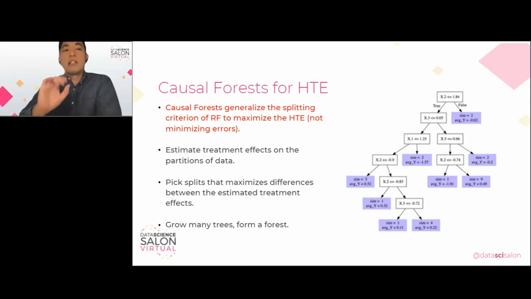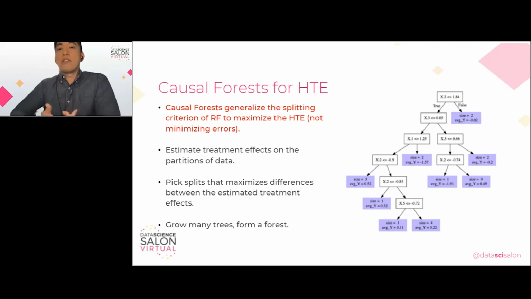Basically, what their causal trees and causal forests do is generalize the splitting rules of the traditional random forest, right? The traditional random forest is trying to minimize prediction errors, but now they don't want to do that because it doesn't really give us any causal estimation, right? So instead, their version of the random forest is to maximize the treatment effect heterogeneity, right?